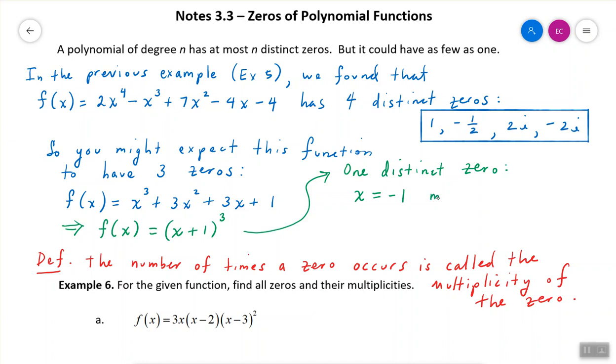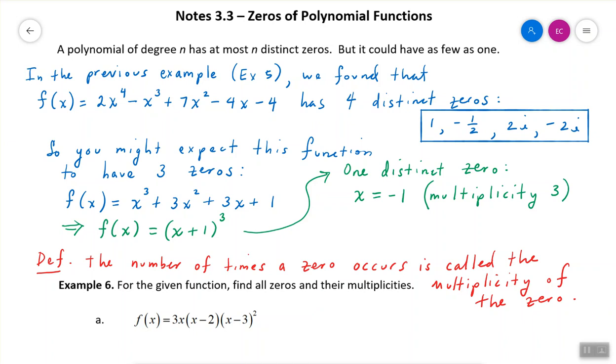And we also say that this 0 has multiplicity 3, because it occurs 3 times for the 3 factors that are all the same. So the multiplicity of the 0 means the number of times that the 0 occurs.